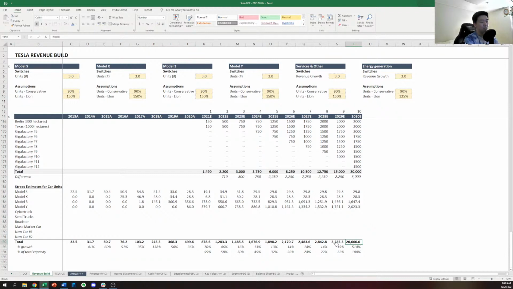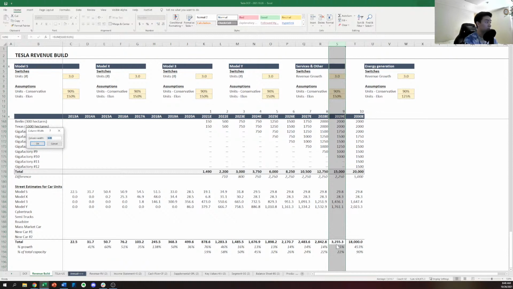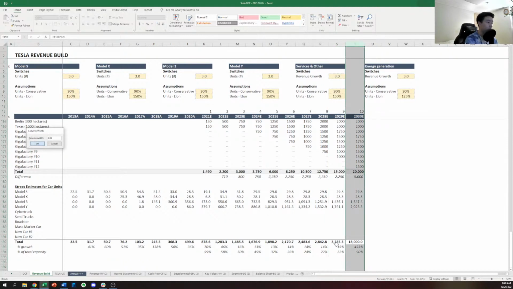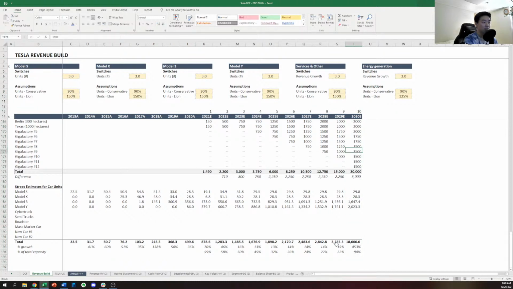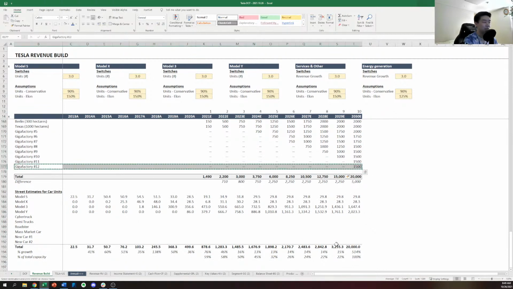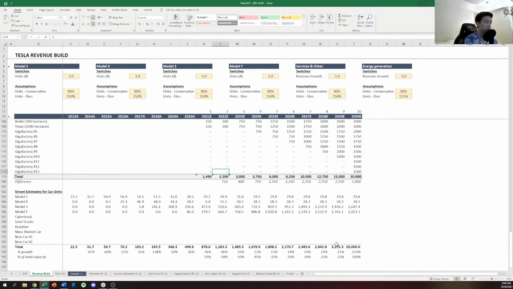Okay, so I'm going to be a little bit less bullish than Elon, and just make this 90%. Or I would have to increase more capacity here, which I guess we could also do. I guess we should do that, because again, we want to try to build out to Elon's case, 20 million, because that's the purpose of this whole thing.